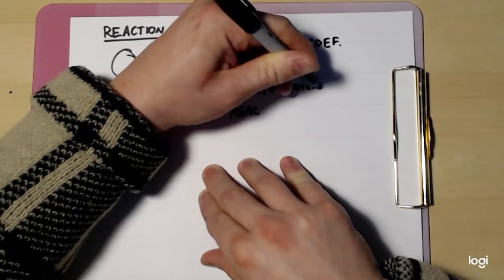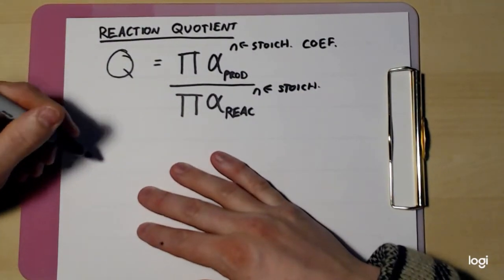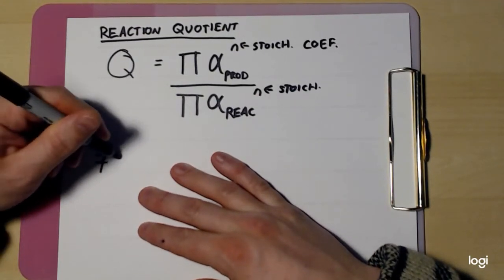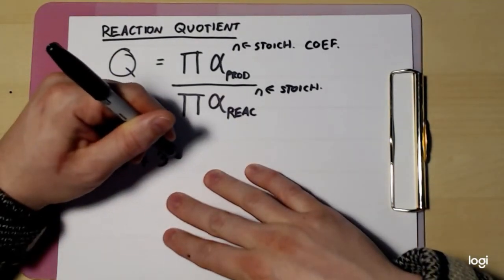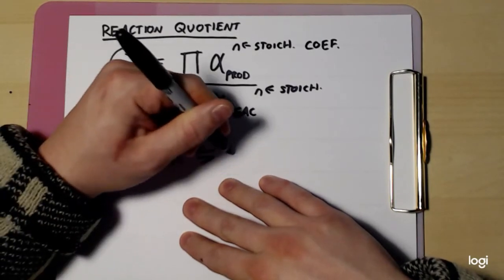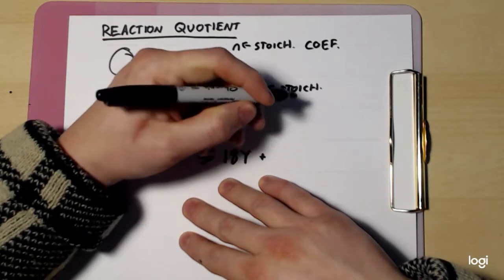So let's just take a really wacky example and write the reaction quotient for it. Let's say we have an equation, say 7W plus 3X yields 18Y plus 1/2 Z. Sure, why not?